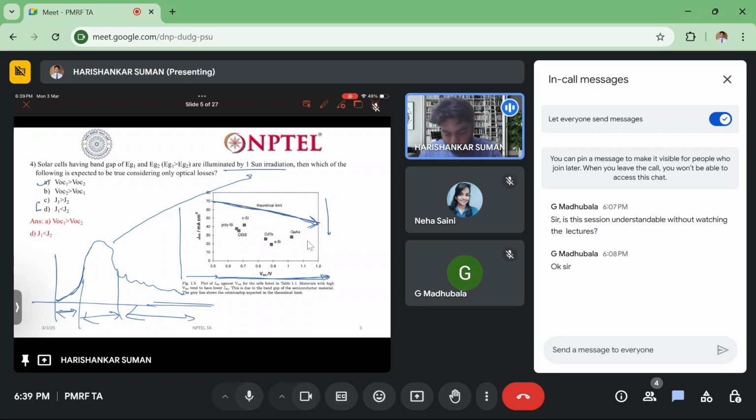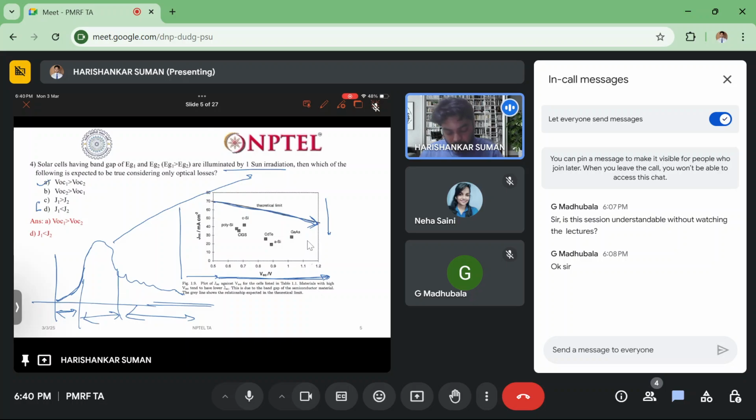Let's say a material has a band gap of 0.5 eV. Why is the maximum current there? Let's say we have a 1.2 electron volt band gap material. Why is the current less? Can you correlate here? Can you find the lambdas?